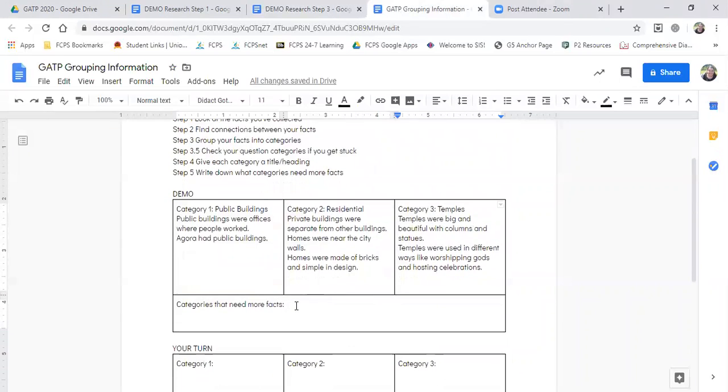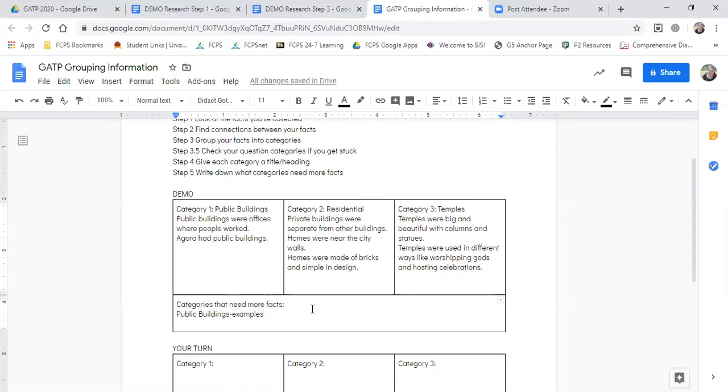Now, right now, I'm here on step 4, step 5, looking at these groups. It looks like I probably need more information about maybe my public buildings, because I have a little bit of information about what they were used for, but I maybe need to still look for some examples of some public buildings.